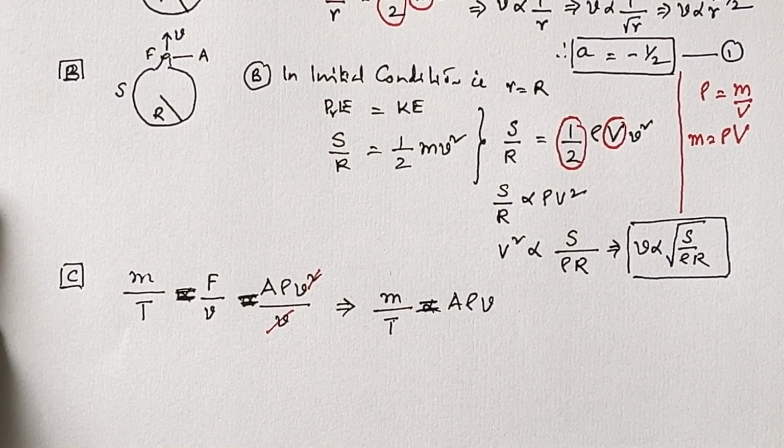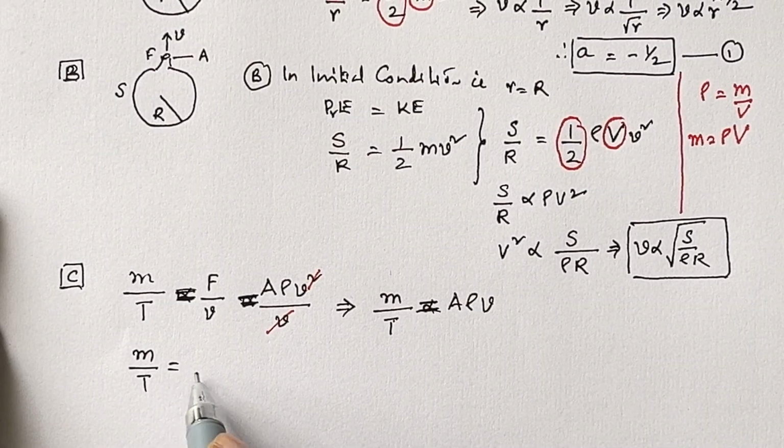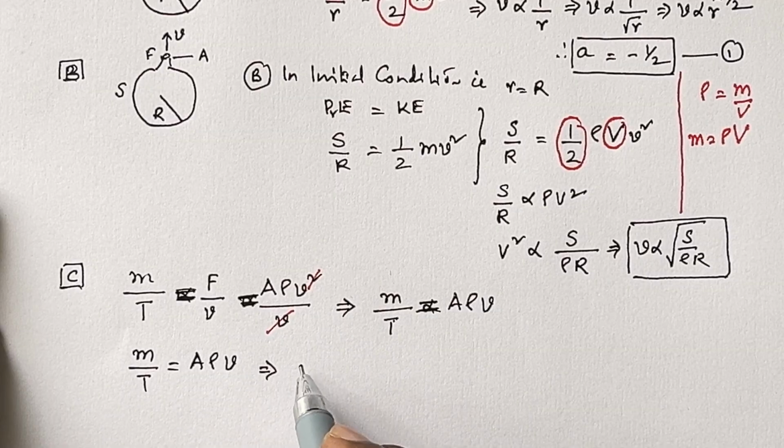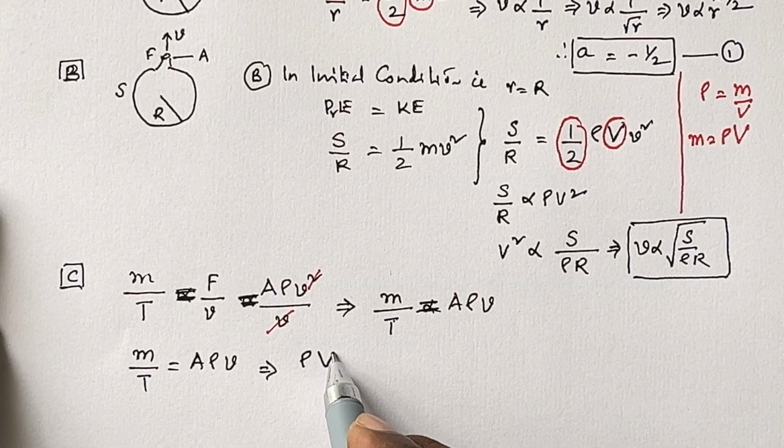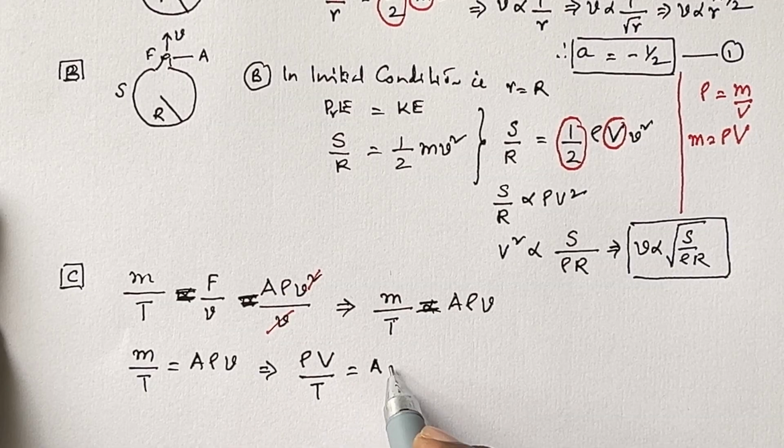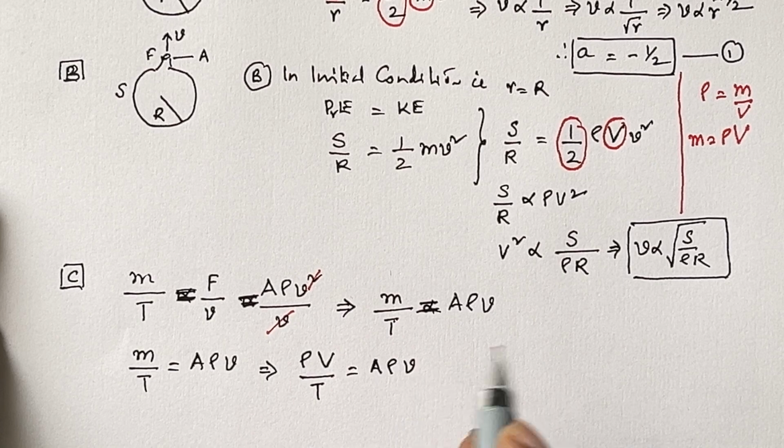So I will take the equation here: M by T is equal to A rho V. This M I will write as mass, which is density into volume, by T is equal to A rho V.